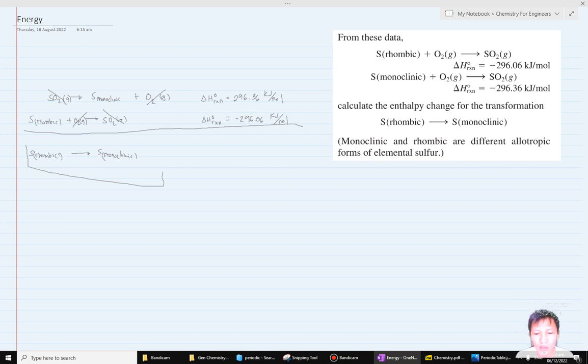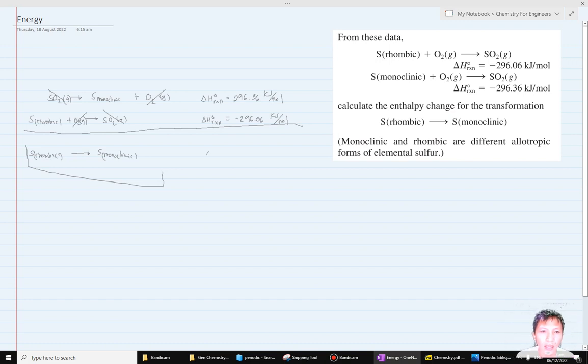You can expect that it's not that large, especially since it is in kilojoules, because that is just a rearrangement of atoms. Meaning we are only breaking secondary bonds. So that would be a positive 0.3.